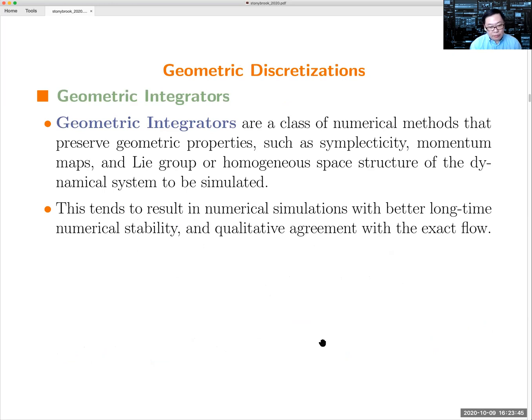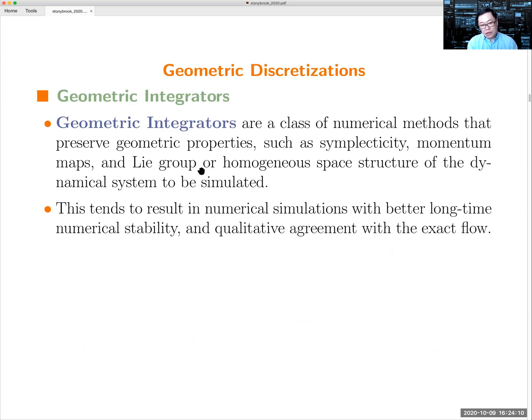So let me say a little bit in greater depth about discrete mechanics, and in particular, discrete mechanics falls into a larger class of methods known as geometric integrators. So geometric integrators are a class of numerical methods that preserve geometric properties. Examples of these include things like symplecticity, momentum, and the spaces on which they evolve.